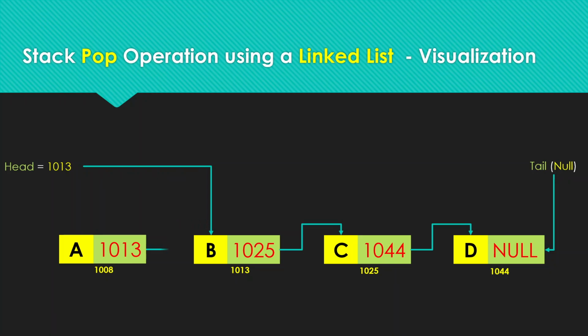Then of course you delete that particular link, and the garbage collector is going to free up that memory space, because no other object is referring to that particular node. So that is how we delete from the top of the list. So if we wanted to delete node B, we will do the same thing. So let's go ahead and do the coding.